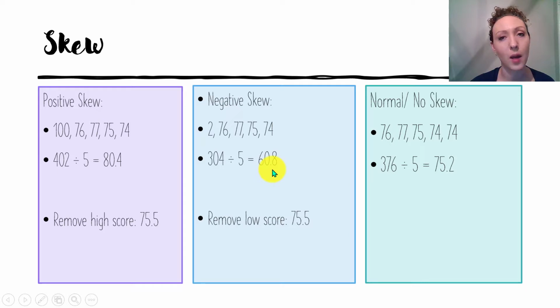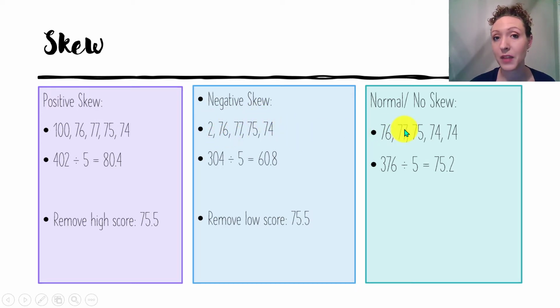So we see the opposite problem. This is telling us that our average score is 60.8, which is not true at all. The majority of our scores are in the 70s, not in the 60s. And once again, we can see when we remove that single low score, it brings our average up to really close to what the normal score is.